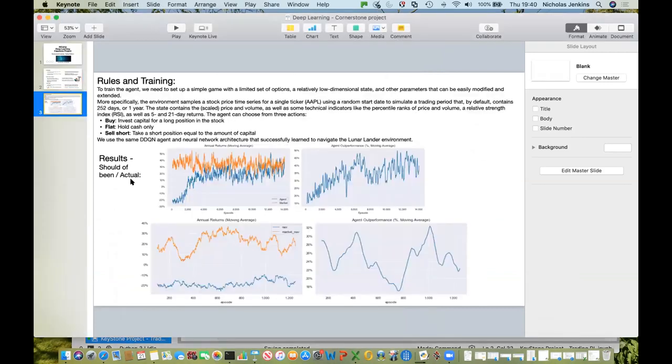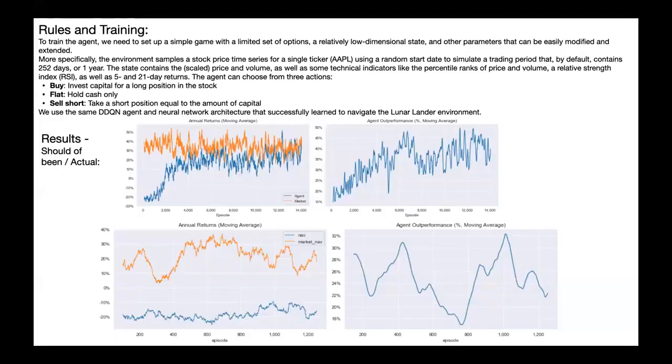So just to give you some more information, the trading rules are set up. You can either buy and invest capital, you can be flat and hold cash only, or you can short sell the stock. Now, this is the results set coming from the people who wrote the model that I've essentially copied. As you can see, and I'm sorry, my screen is quite small, but essentially it starts low, minus 20%.